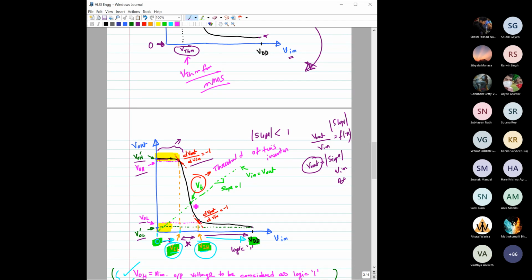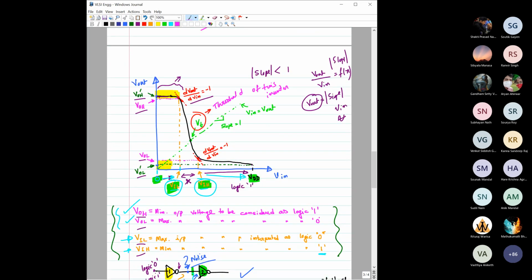So that means ideally, if any voltage is below this threshold voltage, if you give anything below this as an input, then you are expected to get an output which is logic 1, right? Again, I am repeating, this is the threshold voltage for this inverter, and a threshold can be defined for any logic gate actually.